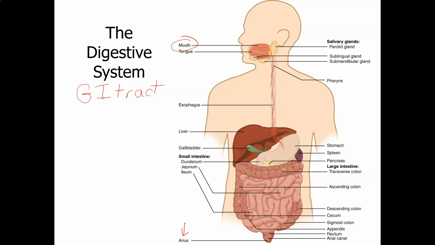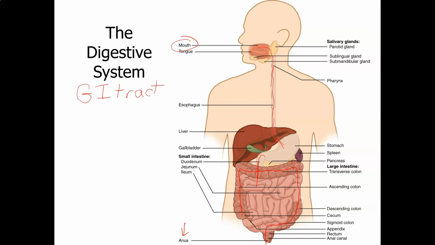The food is going to be mechanically and chemically digested in the stomach to a certain extent. And then it enters into the small intestines, where the food will be processed even further and the nutrients formed from the food you just ate will be absorbed into your bloodstream. Solid waste will collect in the large intestine, and it will travel into your rectum and then out of your anus.